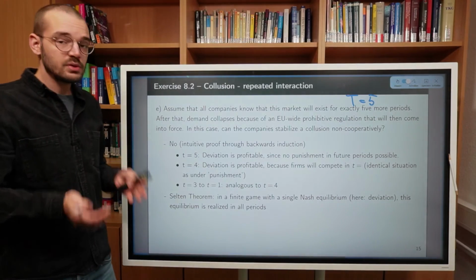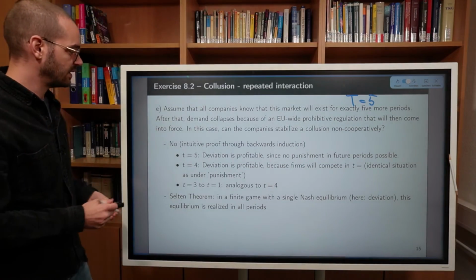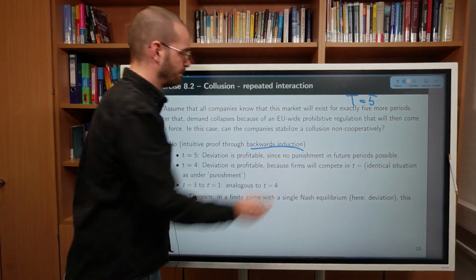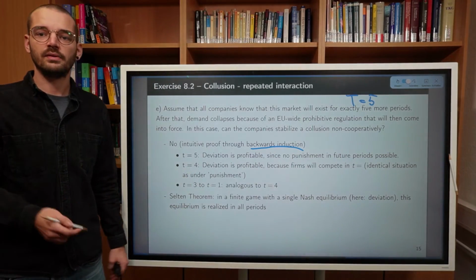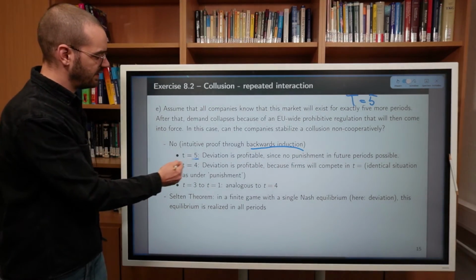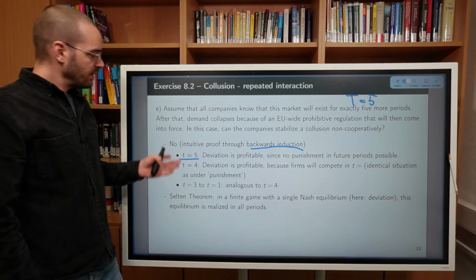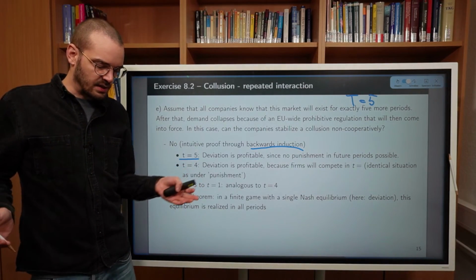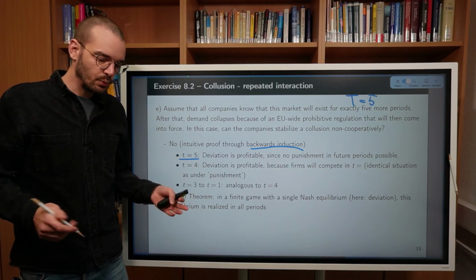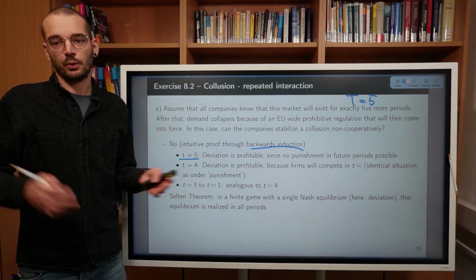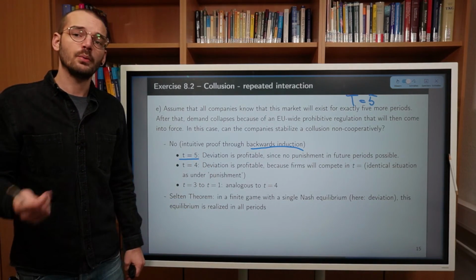So let's use the tools we already have in our hands, and that is backwards induction. So let's start with this final period, capital T, or 5 in this case. Now in this final period, of course, all firms are considering, well, do we want to stick with the cooperation, with the collusion, or do we want to deviate?